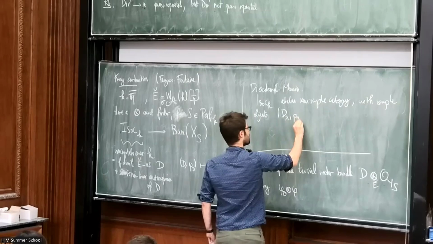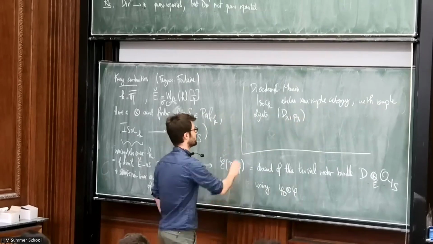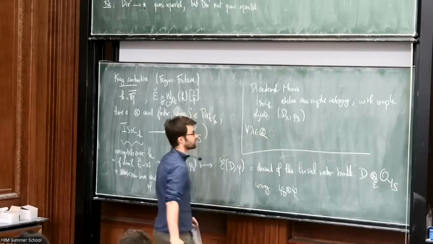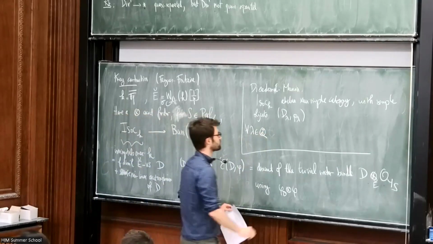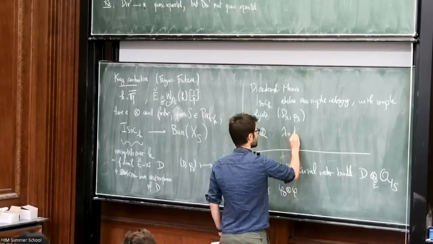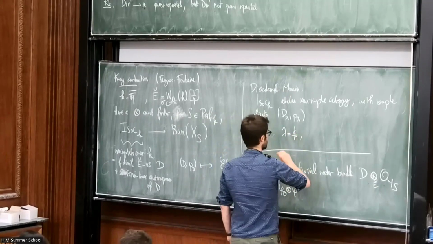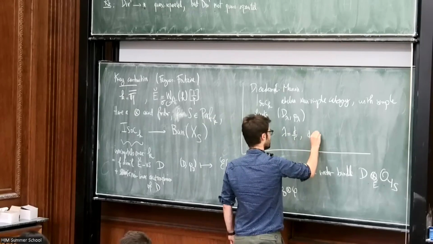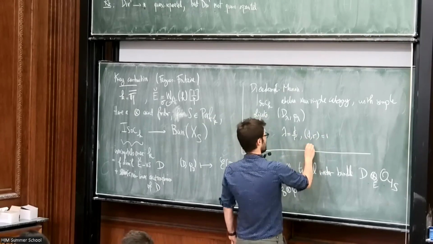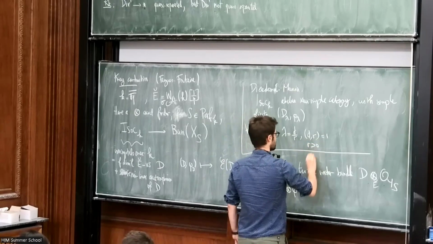And so for each lambda in Q, I can consider the following isocrystal. Let me write lambda as d over r, with d and r being coprime and r being positive.